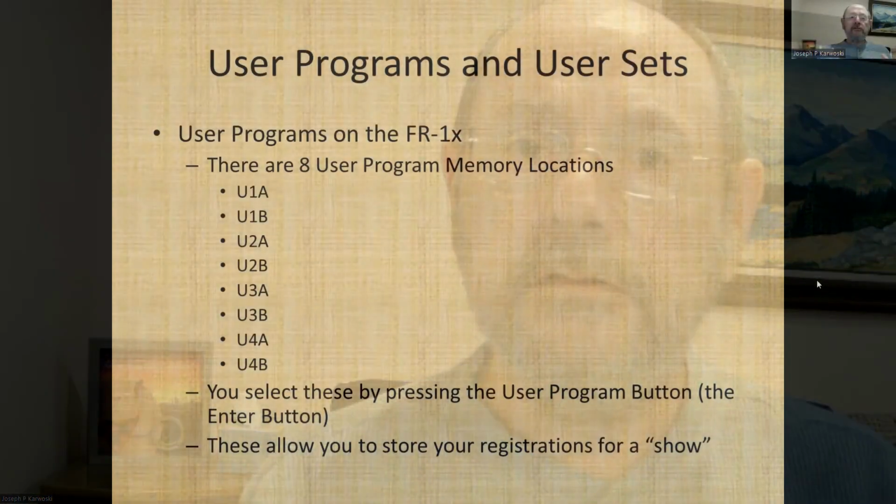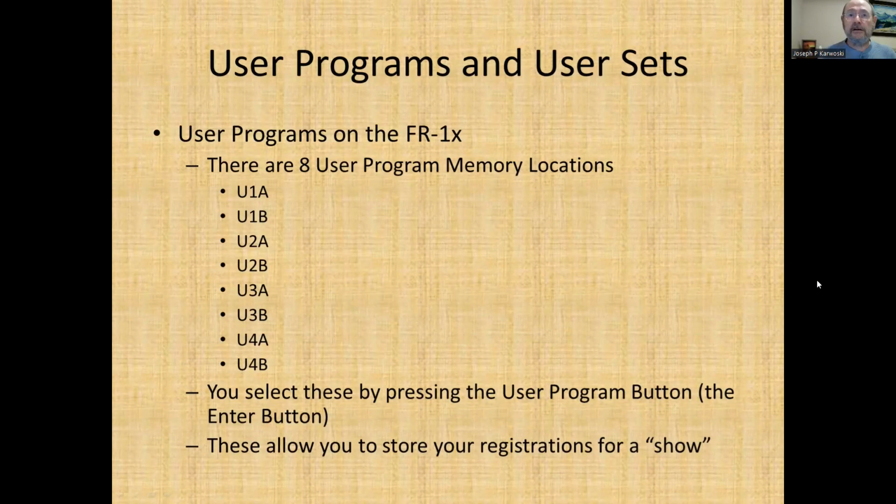We're going to talk a little bit about the difference between a user program and user sets, because they are different and they are confusing. User programs on the FR-1x, there are 8 memory locations. The memory locations are U1A, U1B, all the way through U4A and U4B.